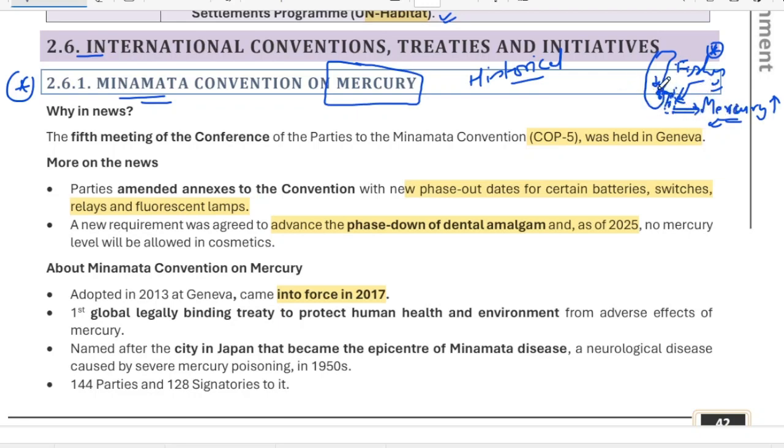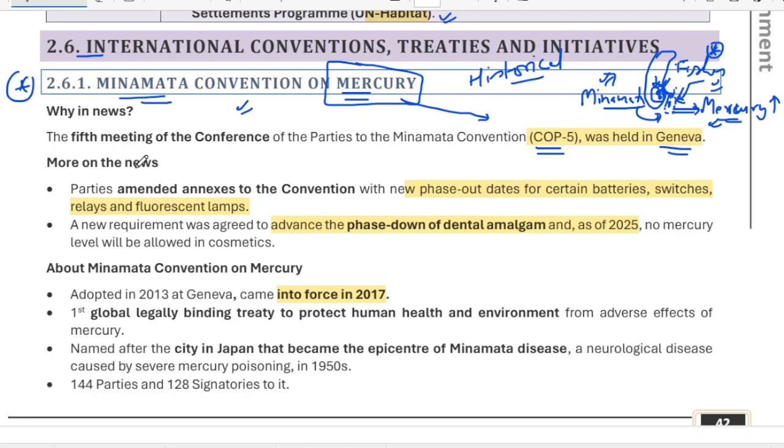The town we are talking about is called Minamata, and the disease got its name from this town: Minamata disease. The Minamata Convention was then organized by Japan in order to reduce mercury pollution and hence this disease. Now, COP5 was held under this Minamata Convention, and COP5 was organized in Geneva.